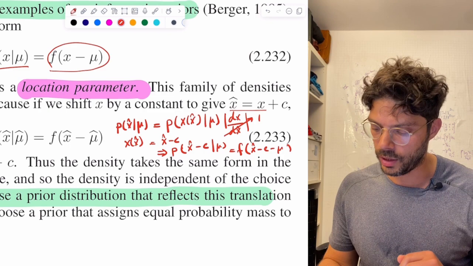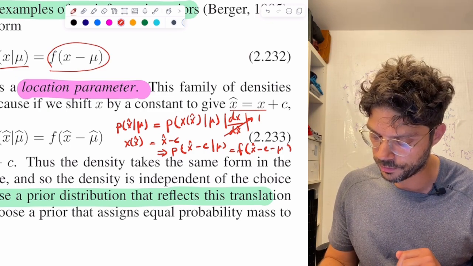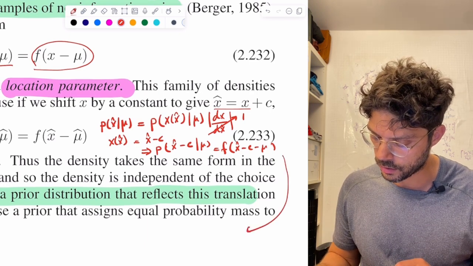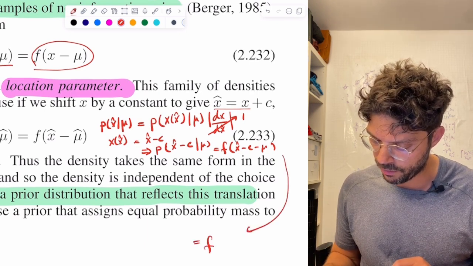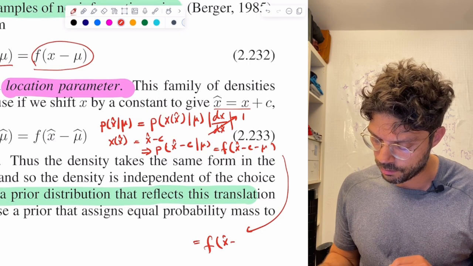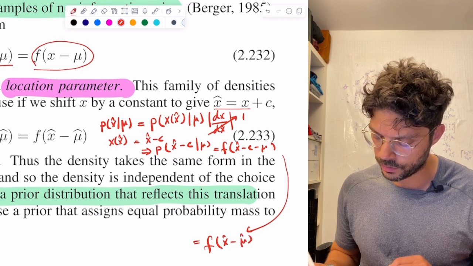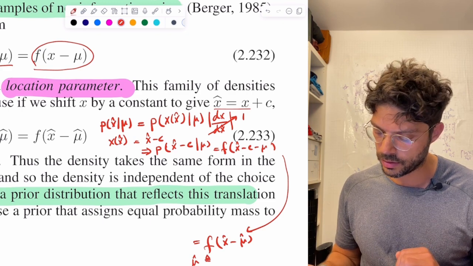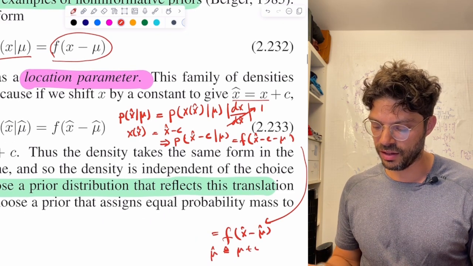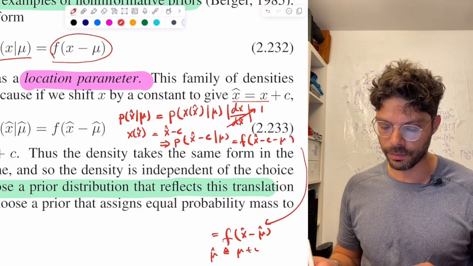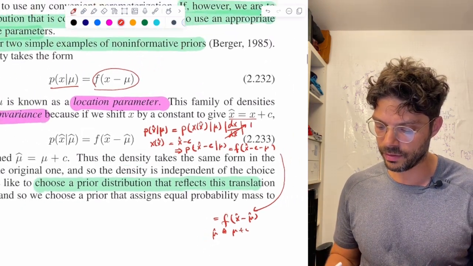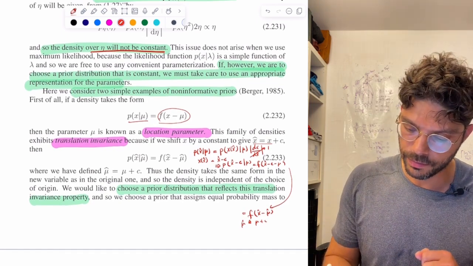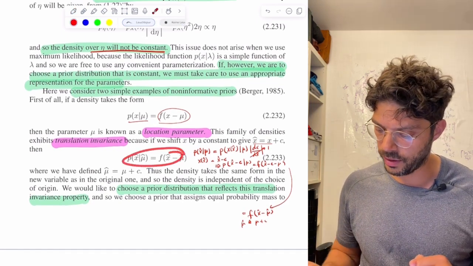But we can just write this as f of x hat minus mu tilde, where mu tilde is defined as mu plus c. And so this has the exact same form. So we've just derived this, right? So we've gotten the same form.